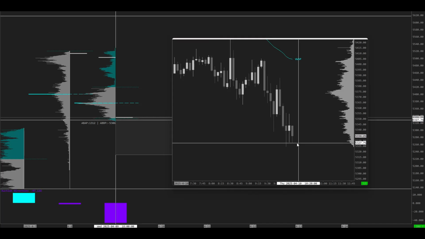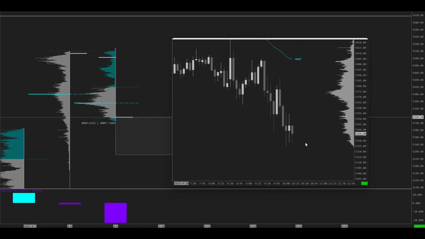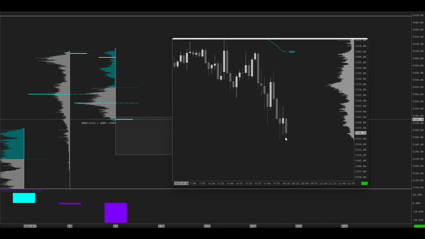Okay, so it keeps bouncing right in this spot, so that's a nice little lower time frame pivot area. If they take that out and hold below, that's better than if it just flushed without setting that up. Gives it a little bit more confluence.